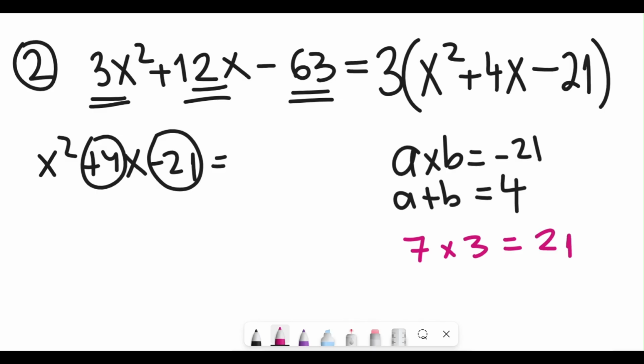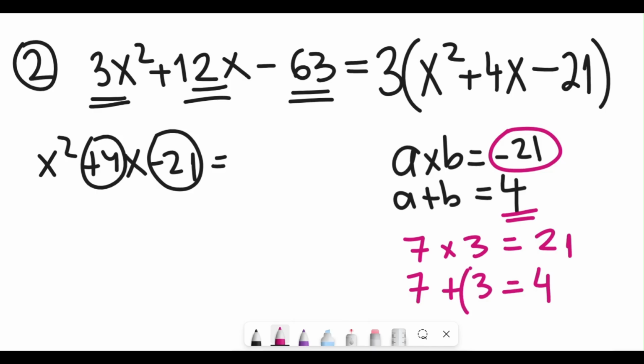Remember, I want my answer to be minus 21, so one of the numbers is negative. Which one is negative if I want to add them and get 4? It means that my 3 is negative, because 7 and negative 3 give us 4. Perfect. So the numbers are 7 and negative 3.